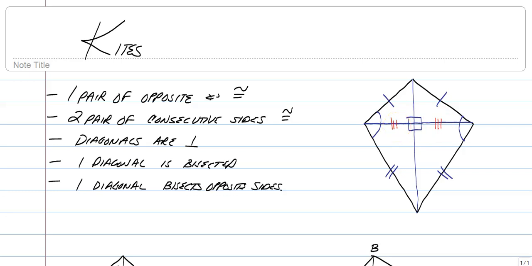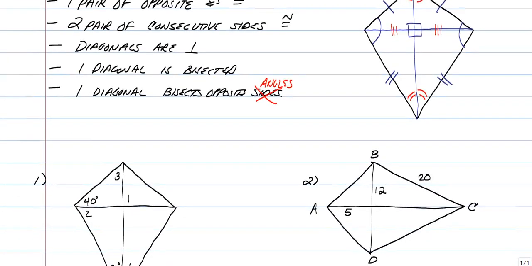So that diagonal gets cut in half. The other diagonal is going to bisect the vertex angles of our isosceles triangles. So the opposite angles over here are going to bisect the opposite angles. Okay, so those are the properties of a kite.